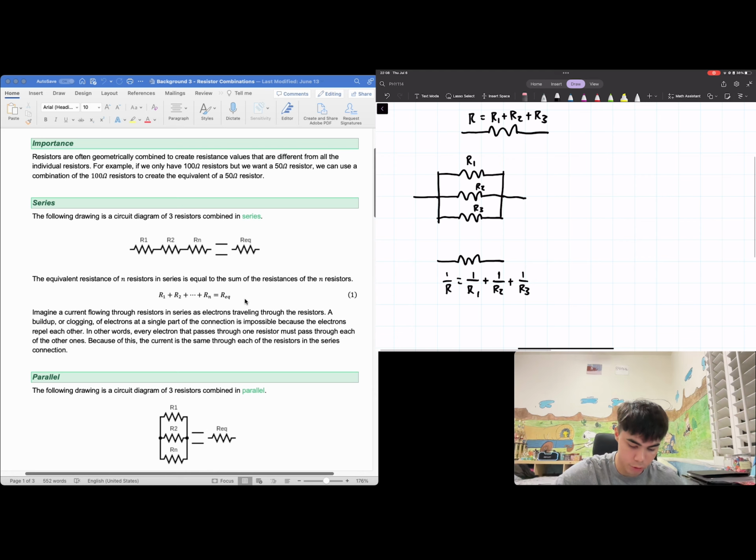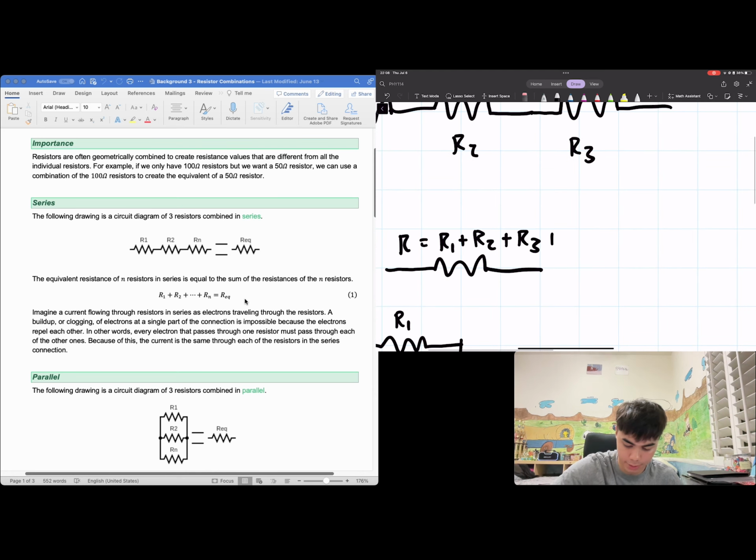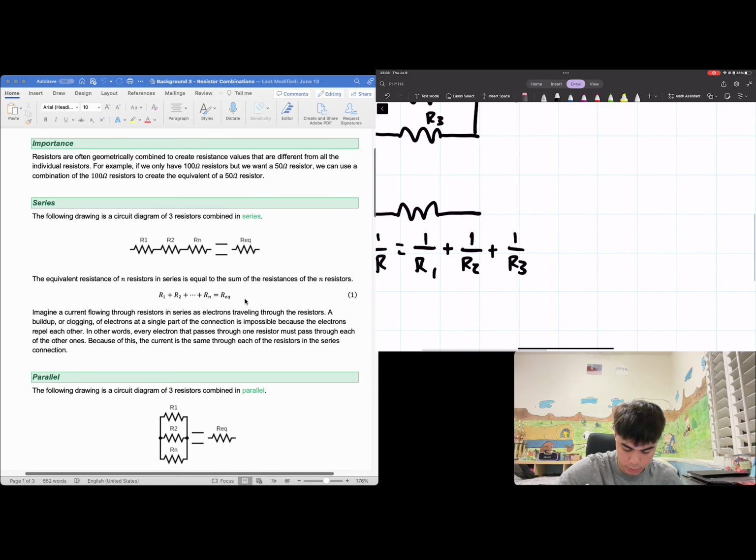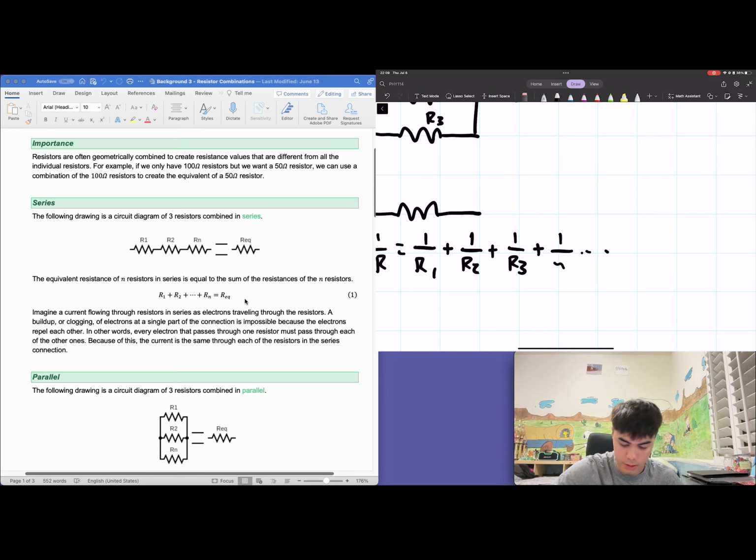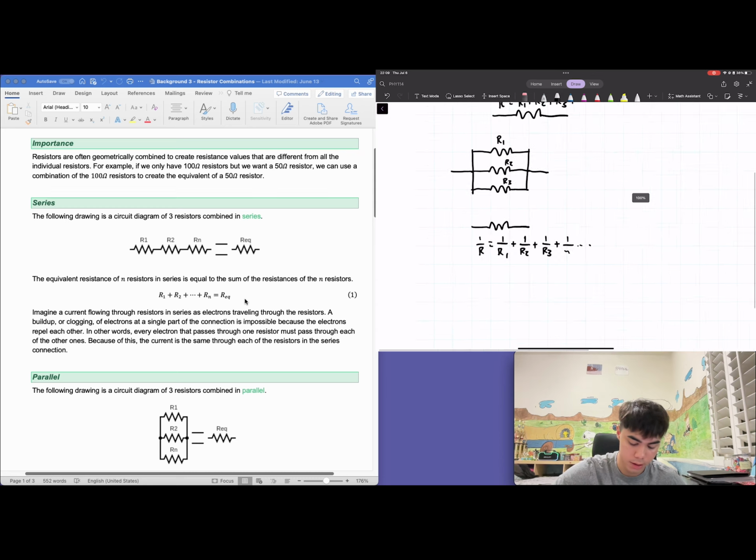And if you have more resistors, this just adds on, so we'd have like this, and it just continues to go on.